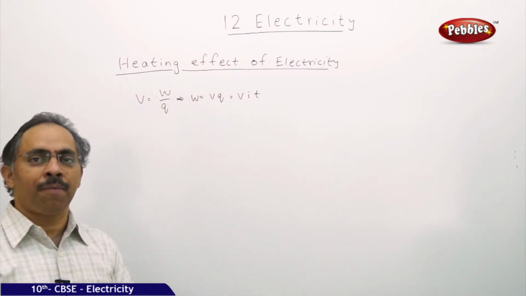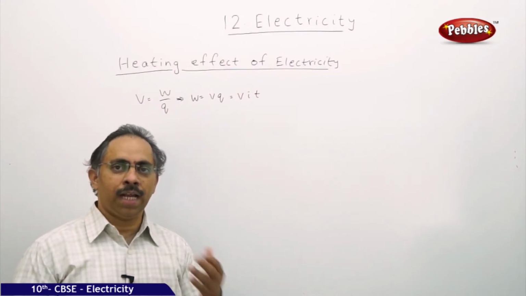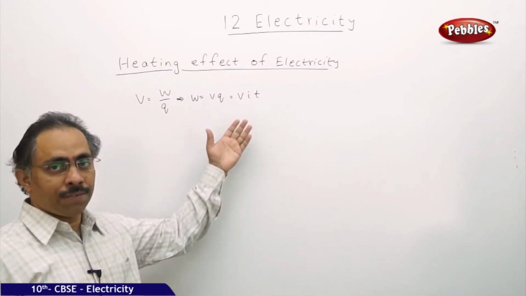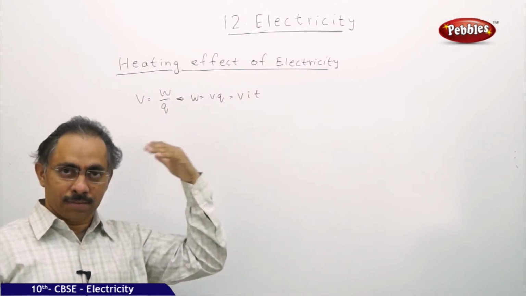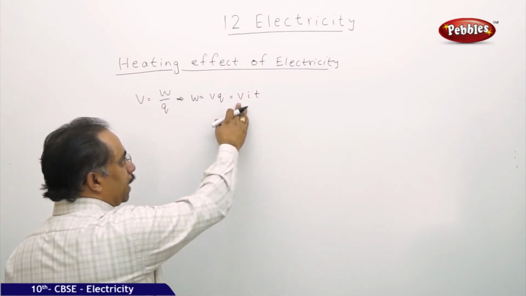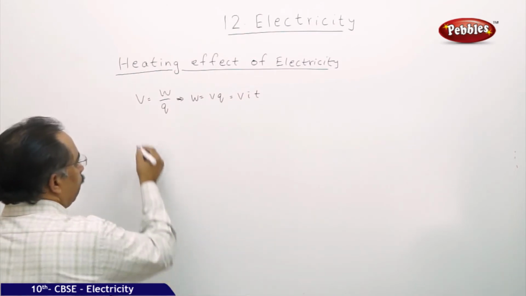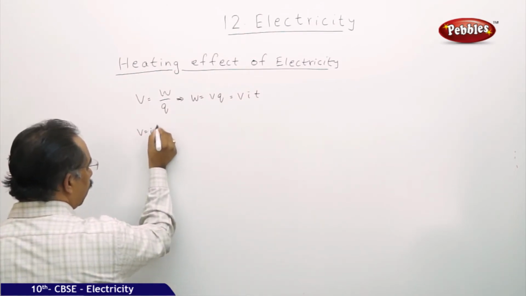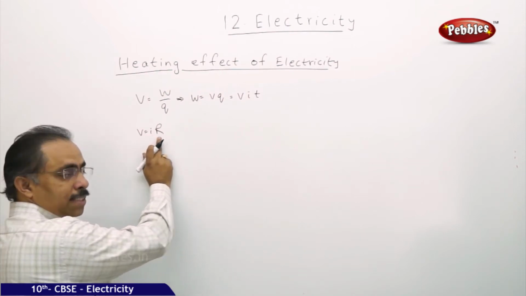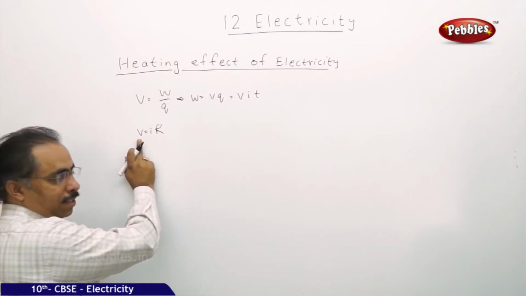Whenever current passes through a conductor, depending on the value of its resistance, heat is generated. Instead of writing the expression in terms of potential drop, I can use Ohm's law, where V is equal to I into R: I is the current passing through the resistor, R is the resistance of the resistor, and V is the potential drop across the resistor.